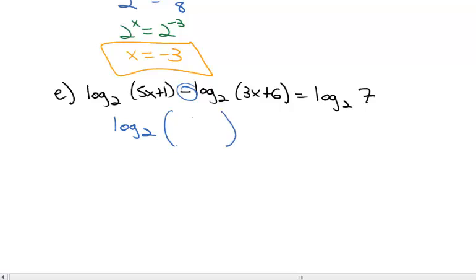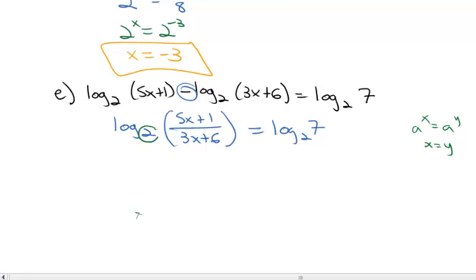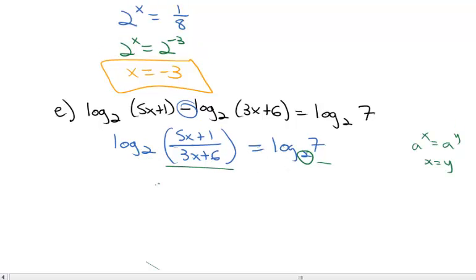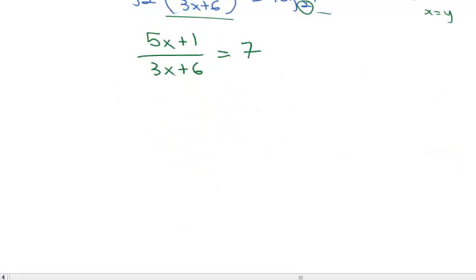That means we divide the guts. 5x plus 1 divided by 3x plus 6 is going to equal the log base 2 of 7. And you may recall that we said if a to the x equals a to the y, then x equals y. If the bases match, then the exponents are equal. Notice our bases of the logs here match, so the guts must be equal. 5x plus 1 over 3x plus 6 must equal the guts of the other one, the 7.